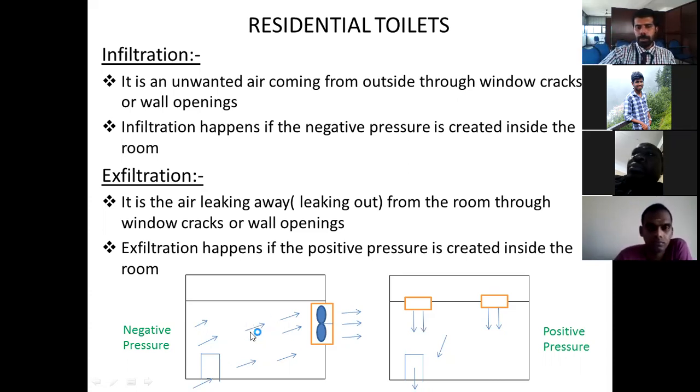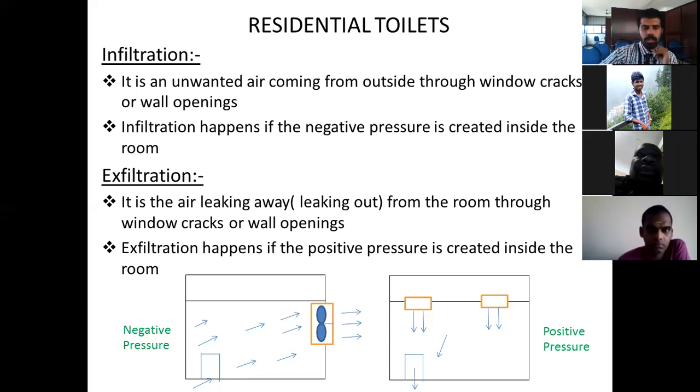So because of that negative pressure, what happens? Infiltration occurs. Infiltration means the outside air will come inside through cracks, window openings, or wall openings. So when you give an exhaust here, a negative pressure is created and infiltration occurs, which means the outside air will come into the room automatically, because air travels from positive to negative, to maintain equilibrium.